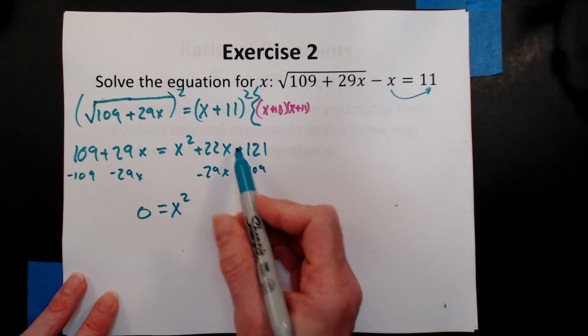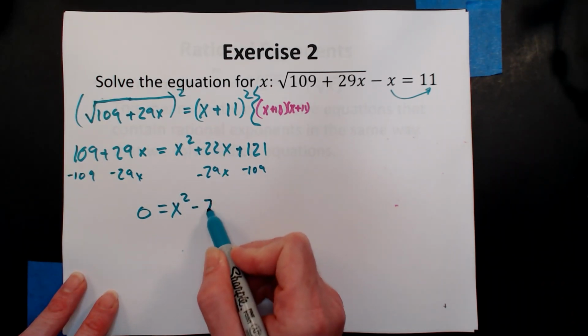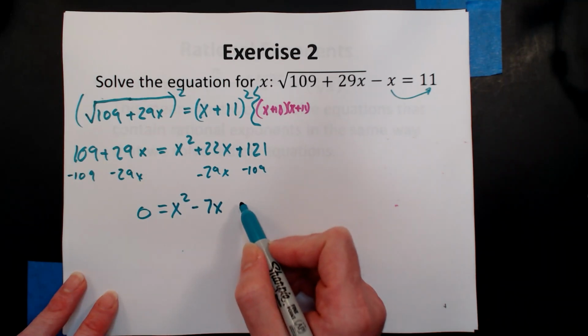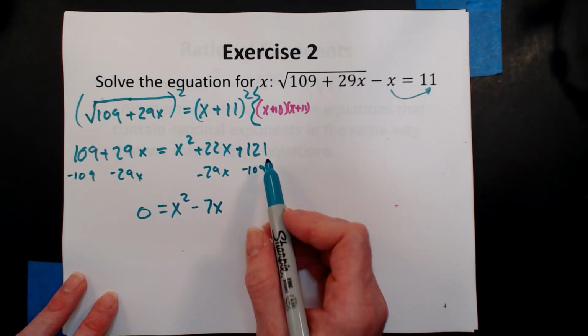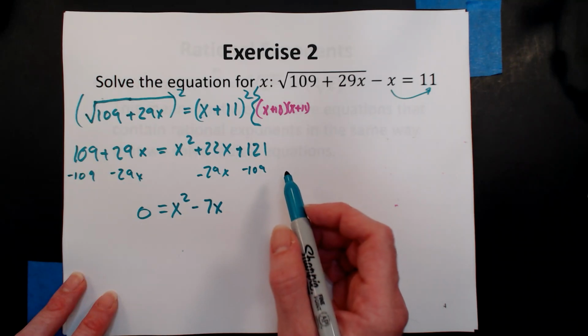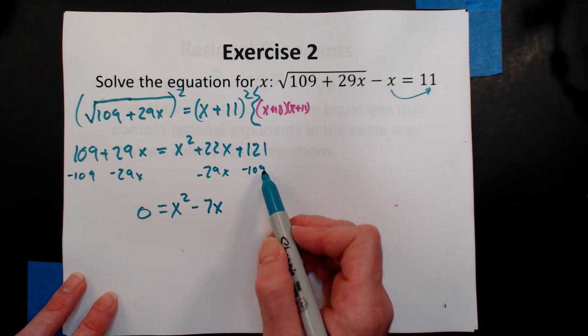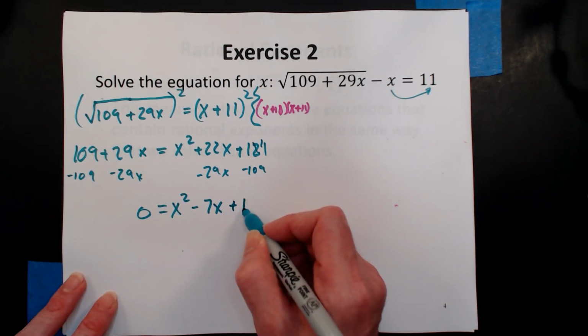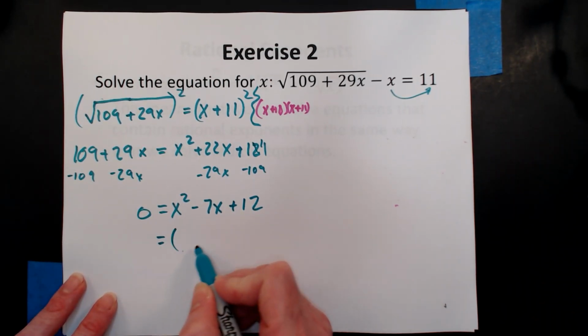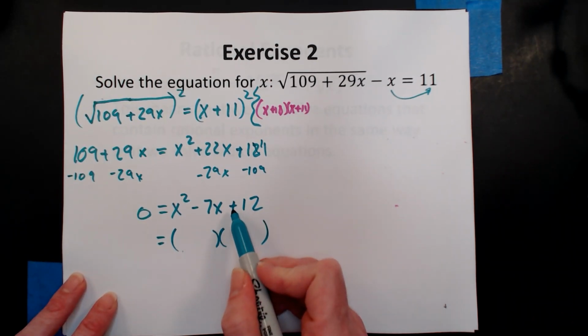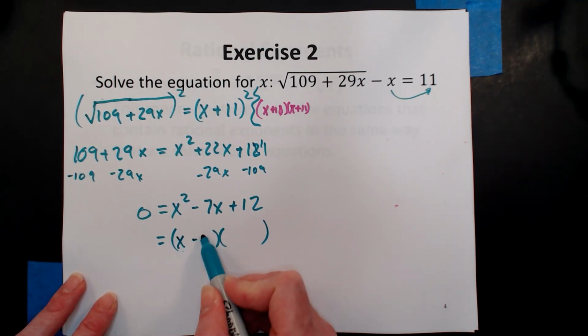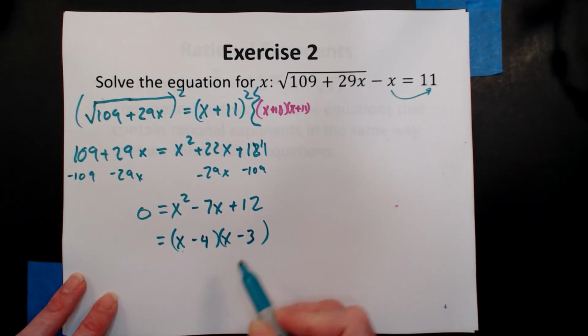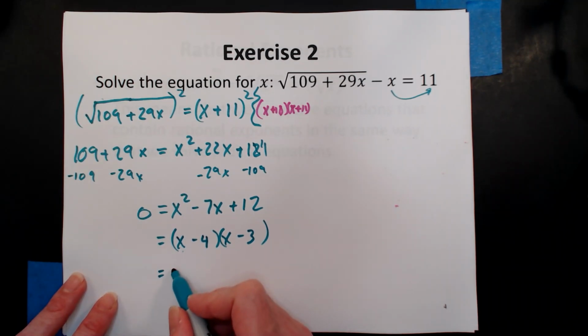That's going to give me minus 7x, and 121 minus 109 is 12. So it's x squared minus 7x plus 12. So I'm going to factor this. I need two factors of 12 whose sum is negative 7. So x minus 4 and x minus 3 will do that. So I have my answers as x equals 4 or 3.